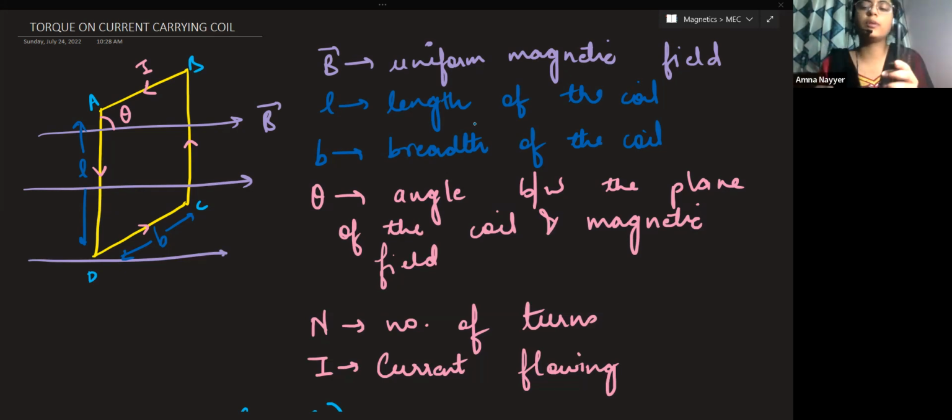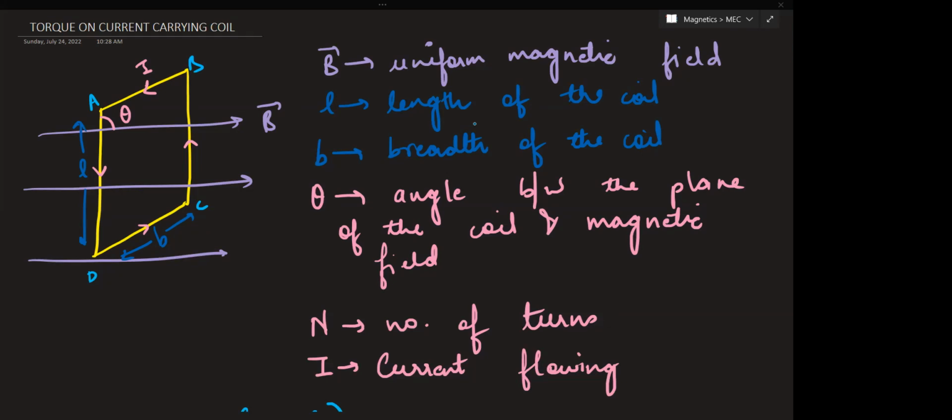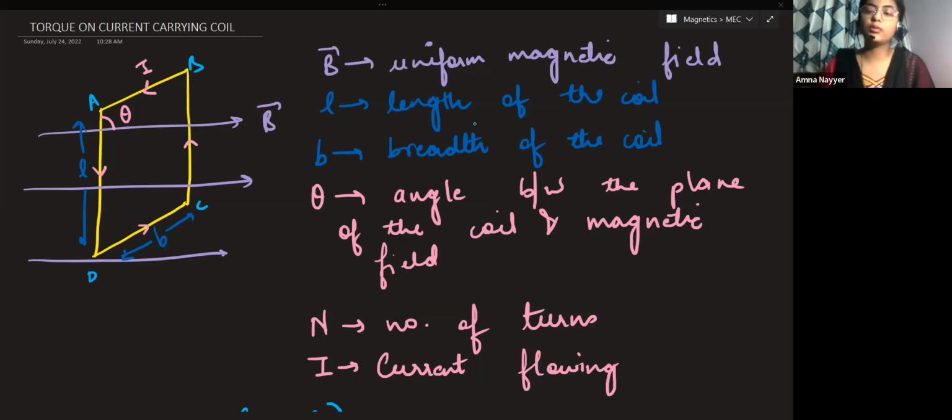Now, one more question to all of you. Magnetic field is like this, and the plane of the coil is kept. Can anyone tell me what's the angle that is formed? 90 degrees. So for all the segments, it becomes 90 degrees. Why? Because theta is the angle between the plane of the coil and the magnetic field.